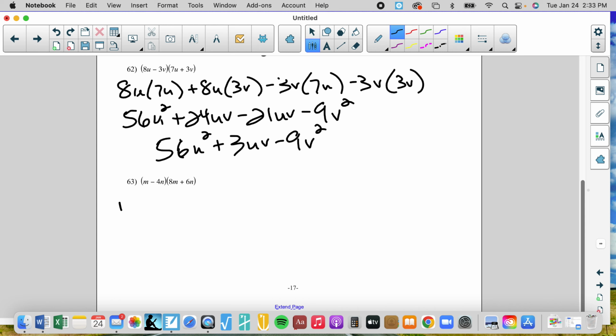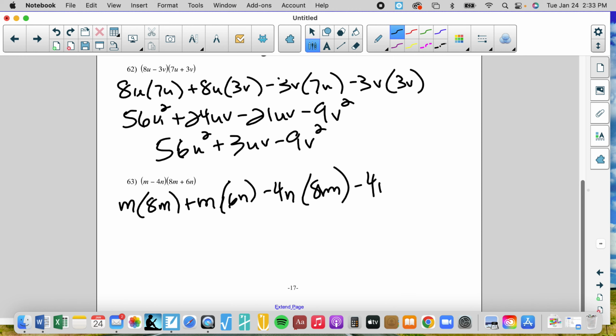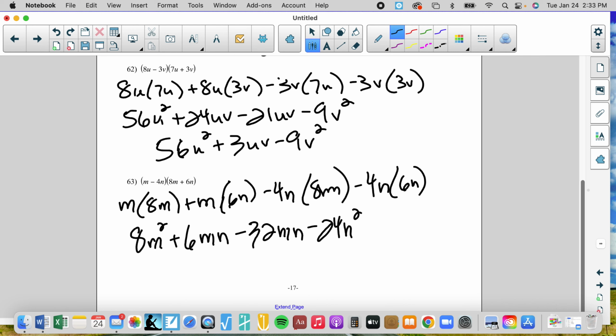Last one. Last one on this page. M times 8m plus m times 6n minus 4n times 8m minus 4n times 6n. 8m squared plus 6mn minus 32mn minus 24n squared.